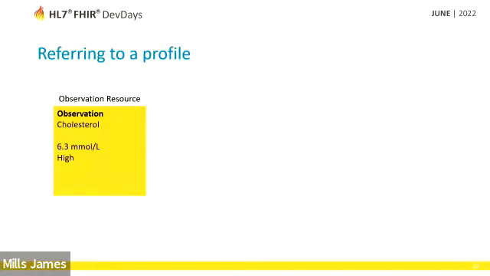So when you are creating a resource instance, you also want to be able to say to which profile this resource instance is conforming. And you could do that by adding the profile in the metadata of that resource.